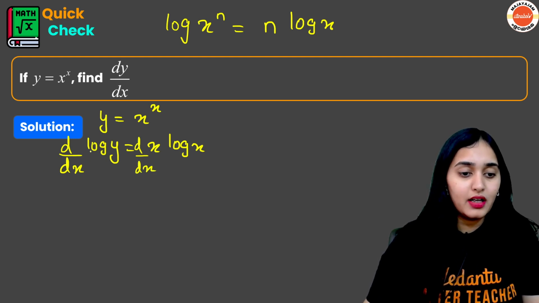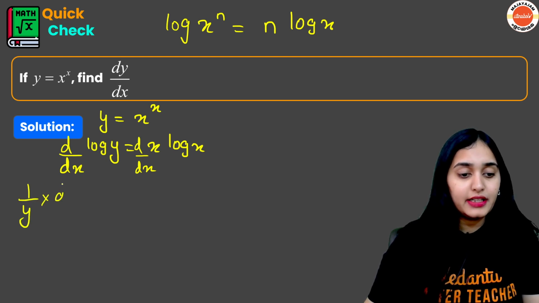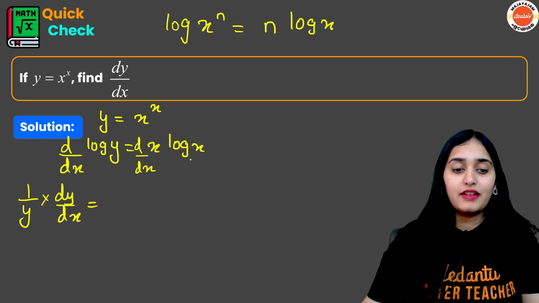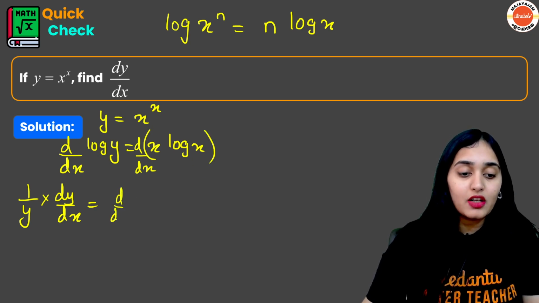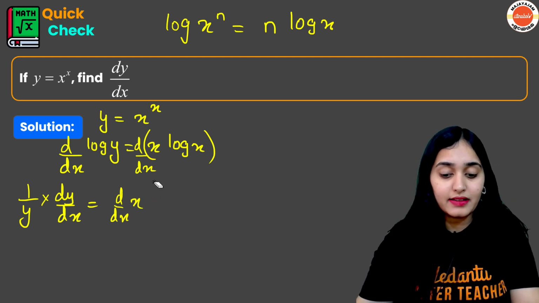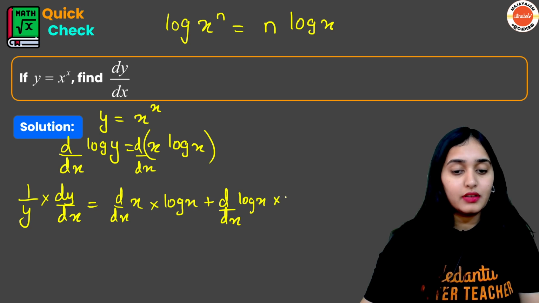So, the differentiation of log y is 1 by y into dy by dx is equal to x into log x. Differentiation will be by the product rule: differentiation of x into log x plus differentiation of log x into x.